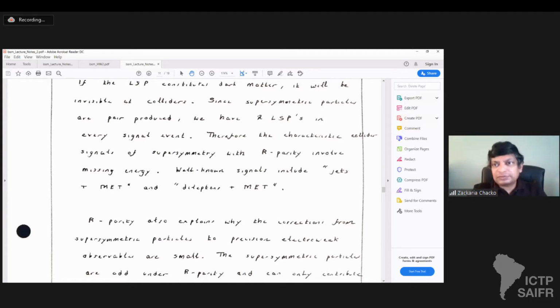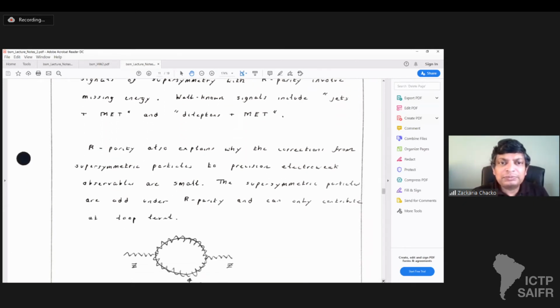In a SUSY theory with R parity, those things come together. They marry each other in a very nice way. And so this is why you hear people talk about jets plus MET at the LHC, or dileptons plus MET. These are classic signals of supersymmetry, and people have spent years of their lives trying to optimize those searches. They're trying to reduce backgrounds and do the most accurate kinematic cuts.